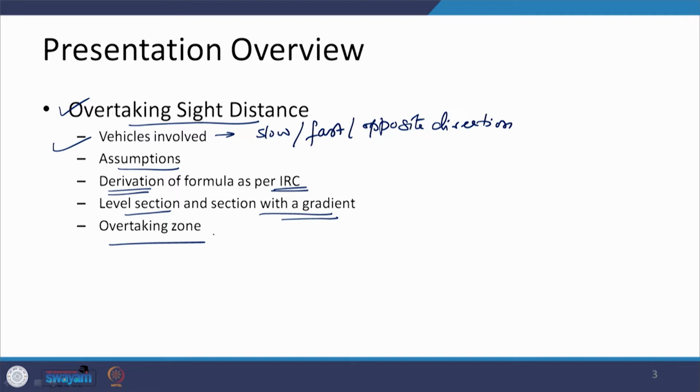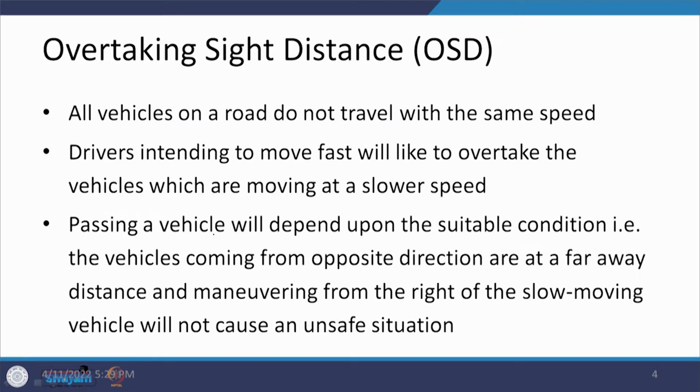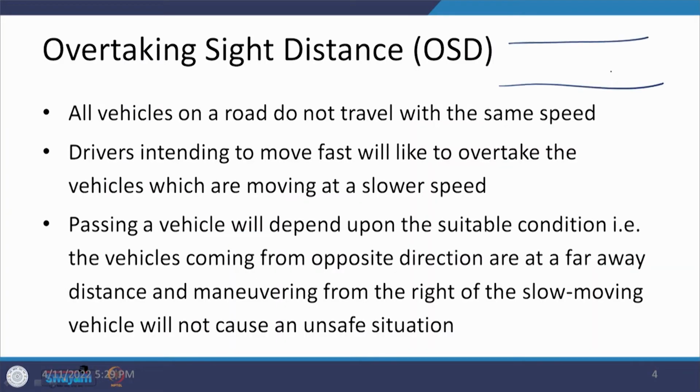Now, let us start with our overtaking sight distance and what exactly is that. When you look at a road and there are so many vehicles moving in different directions, that means it is a 2 lane highway and there is a vehicle moving in this direction, or another vehicle moving in the opposite direction on the side lane.